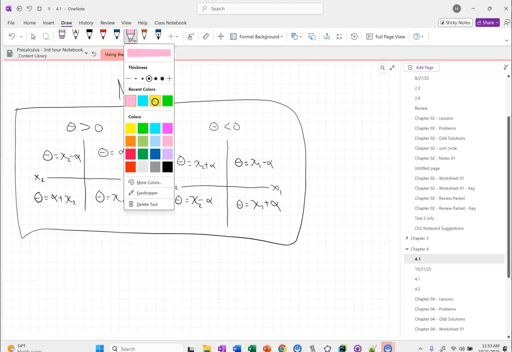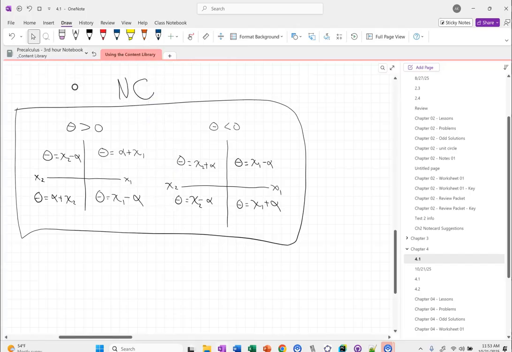So the way I read this picture, if you will pay attention for a moment before you start copying, if theta is a positive value, and my answer is in quadrant 2, what that means is I'm going to take the x-axis label and subtract alpha from it.